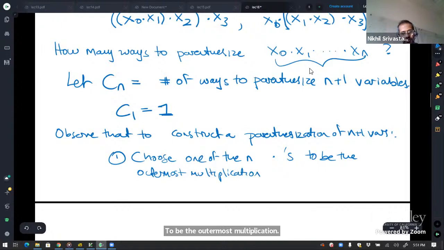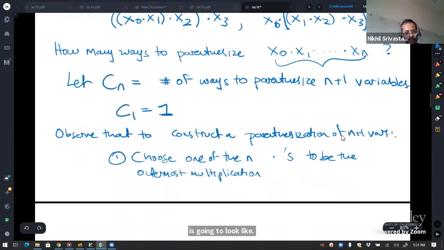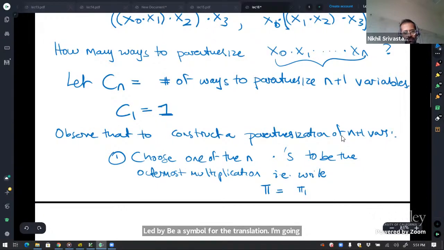So that means your expression is going to look like, so let pi be a symbol for the parenthesization. I'm going to write it as some pi1 parentheses times pi2.